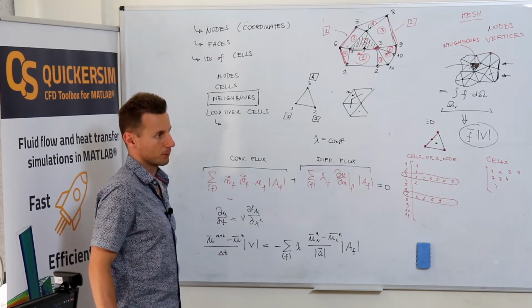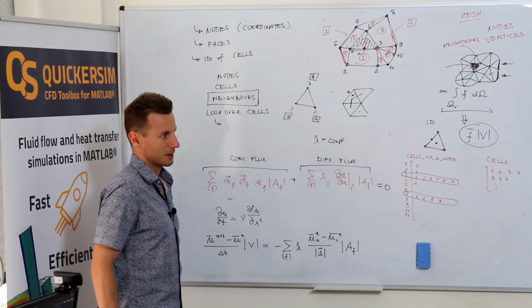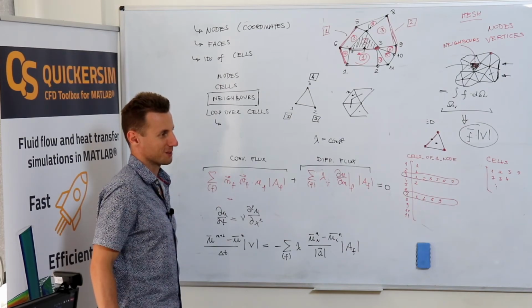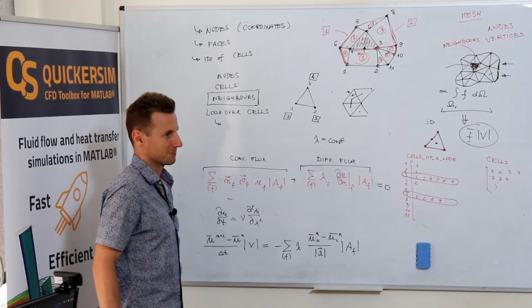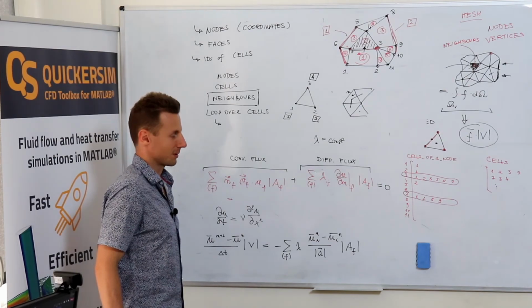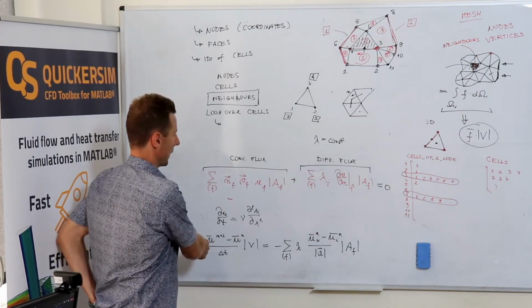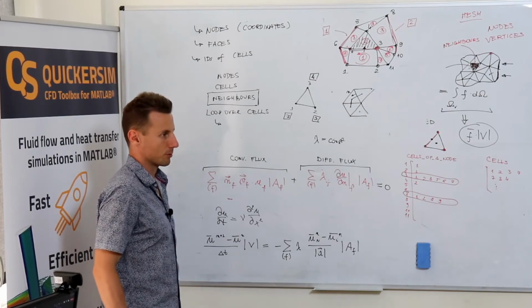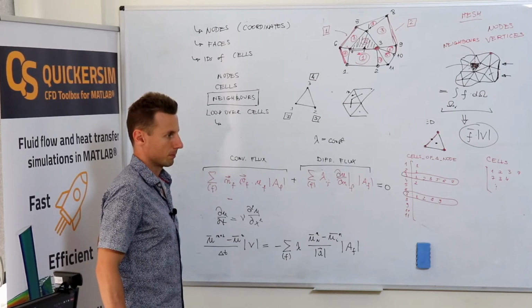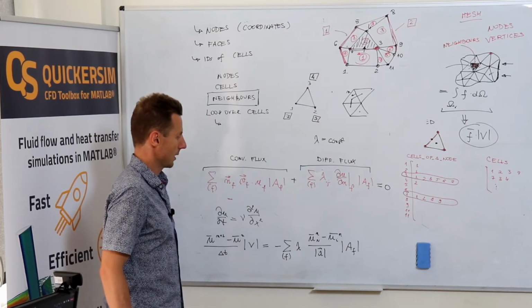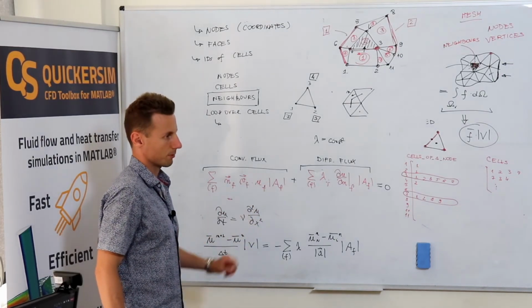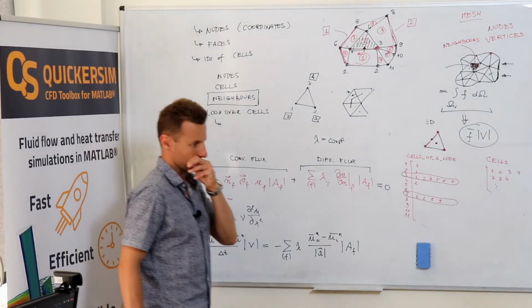Yeah, for 1D. For 2D, I don't know, I have never tried. But generally, you do have some time step limitation for this one, associated with the diffusivity and the size of the cell.